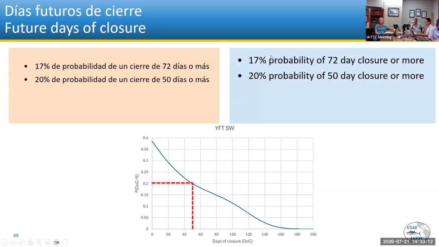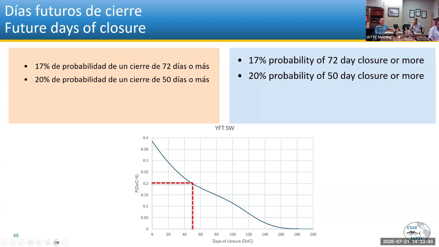And so this is the one that we went with. We thought, what's the probability of the closure having to increase by 10 days or more, because 10 days is what we've seen in the past, a change in closure days that stakeholders don't like, right? And so if we get down to 40, there's a 20% chance that the closure is going to be either 10 days, which is the difference between these two, or larger.